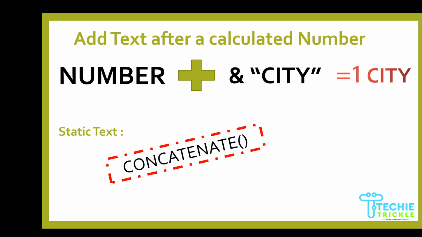Now that text could be a static text, or if you want it to be a little bit more complex, then you can add additional conditional statements like if. So if will derive a condition whether the number is a single number or whether it is more than 1. So if it is more than 1, then it should change from city to cities. We will get to that point once we jump into our spreadsheet.